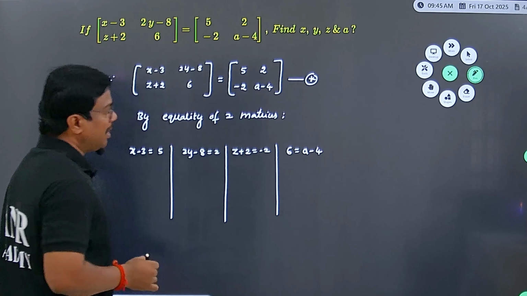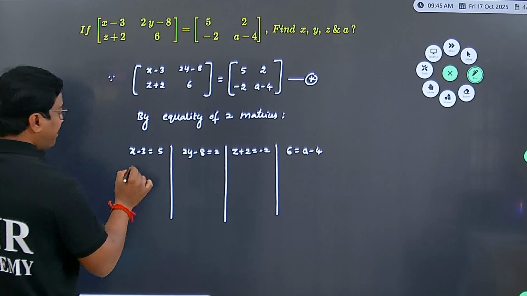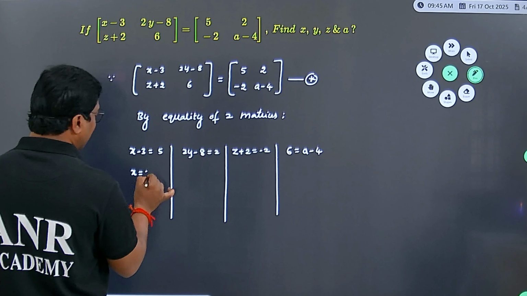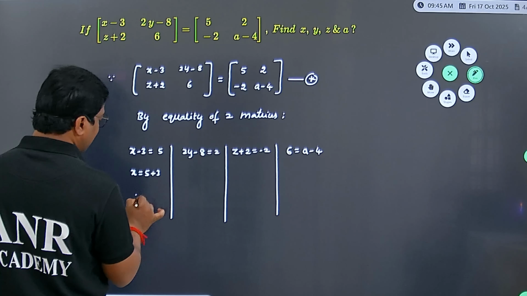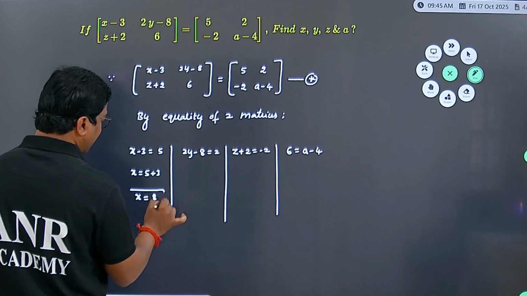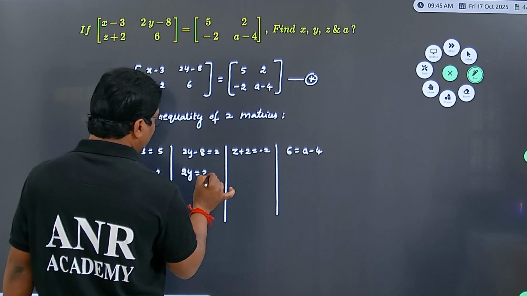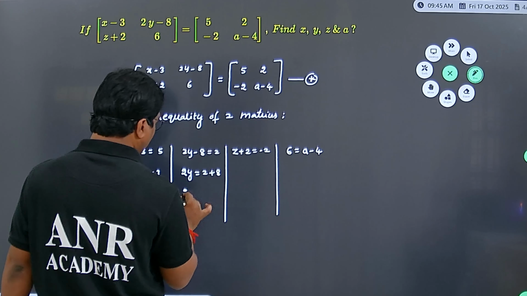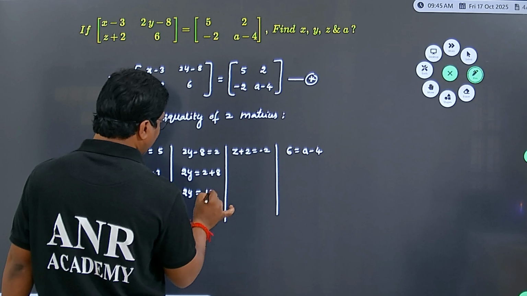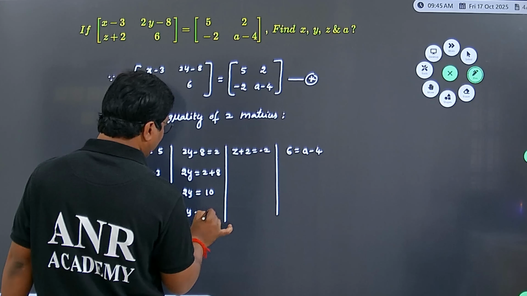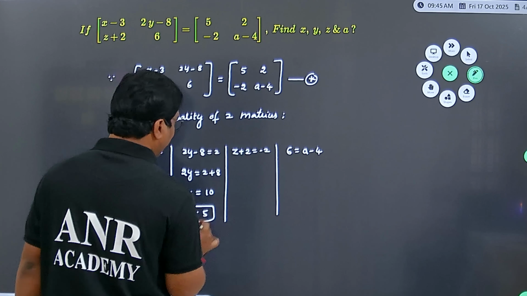If you simplify all these, we get x, y, z and a. From this you can write x value 5 plus 3, that is x becomes 8. Next 2 times y equal to 2 plus 8, 2y equal to 10, and the value of y equal to 5.